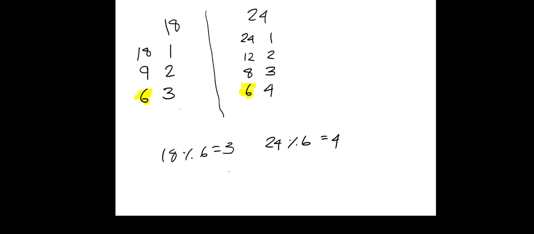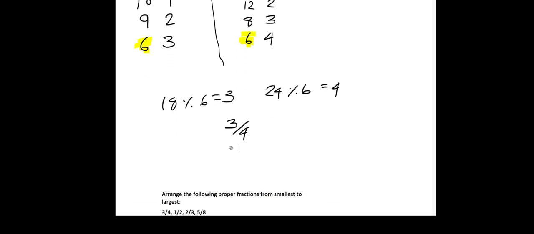So therefore, our smallest fraction is 3 over 4. We got that from the highest common factor method. And sometimes that's the only way there is of solving them. Okay.